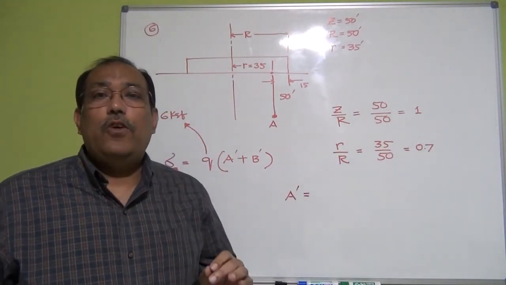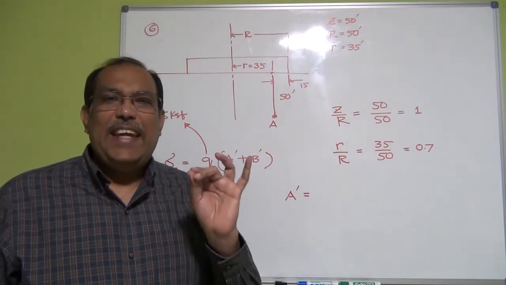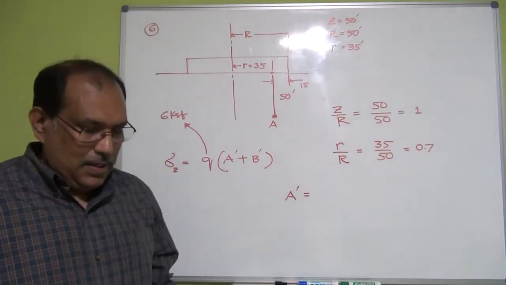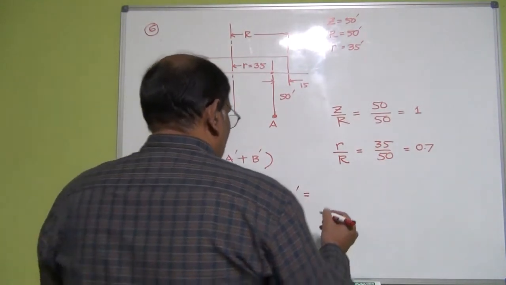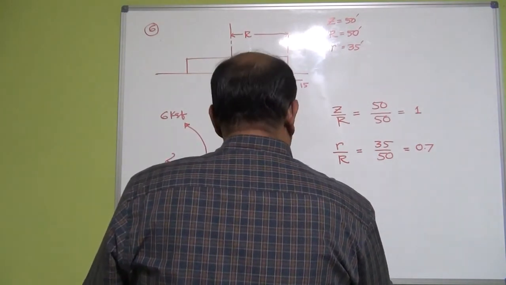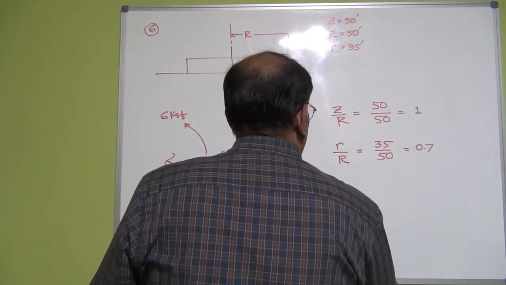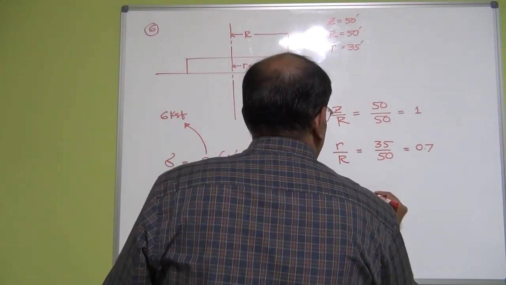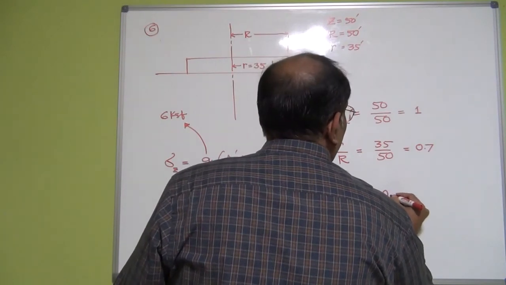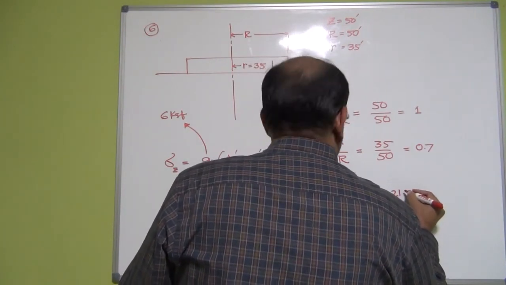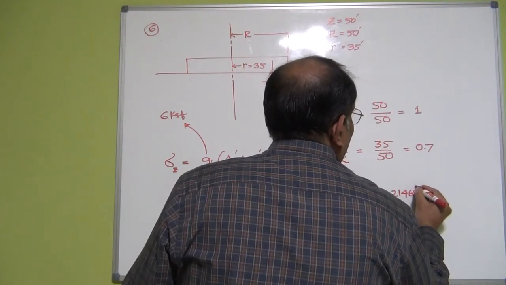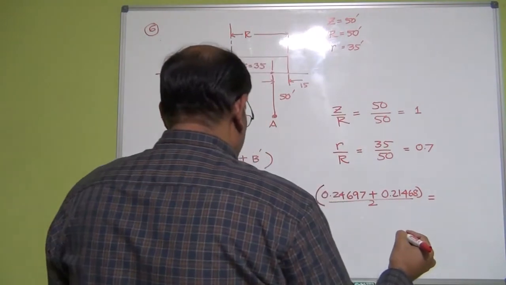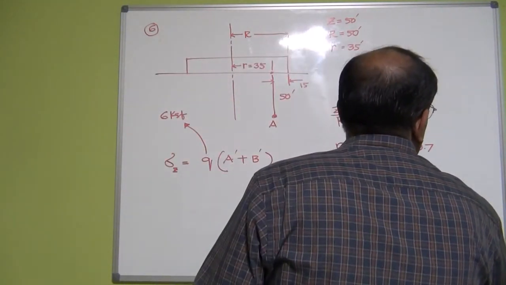You have values for 0.6 and 0.8. So for 0.7 we just take the average of those. Your A prime would be 0.24697 plus 0.21468 divided by 2. So for 0.7 that would be, let's say, 0.23.